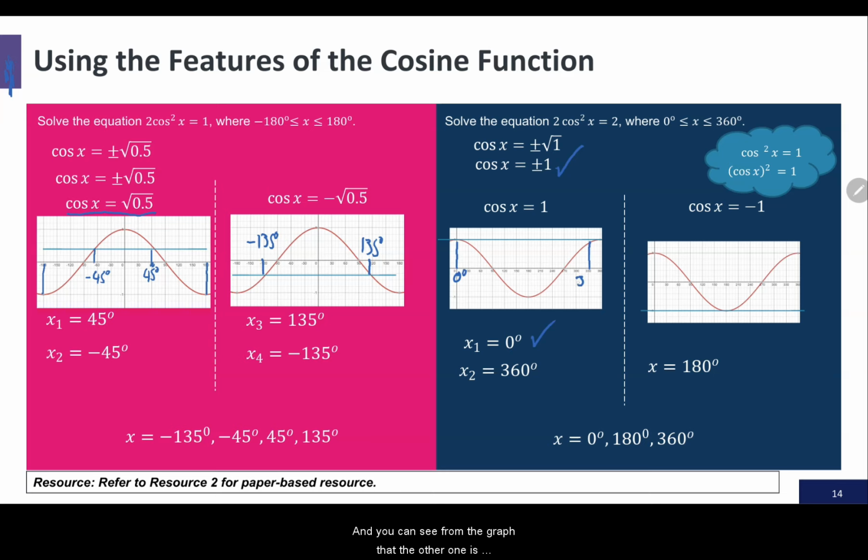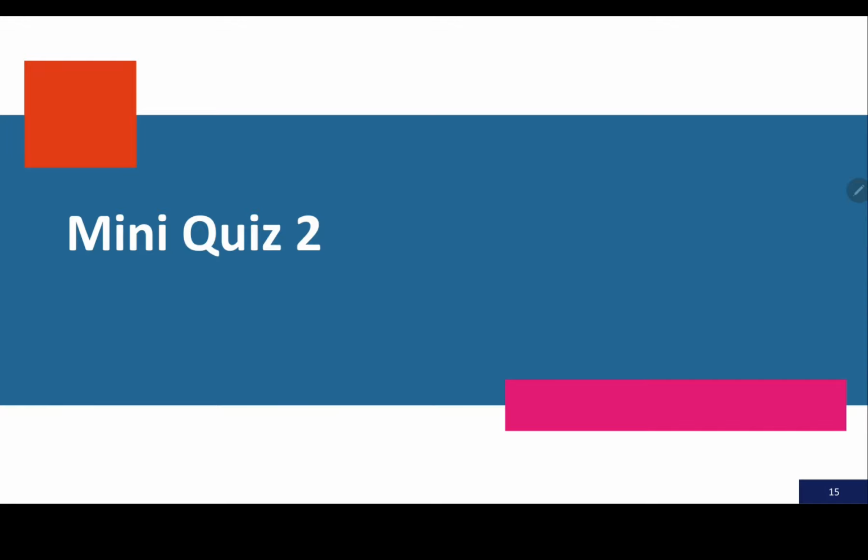And you can see from the graph that the other one is going to be 360. The other value, cos x is equal to minus 1, which is down here. Your calculator will pick that one up straight away. And there are the 3 answers in order. Pause the video and have a go at mini quiz 2 and press play when you're ready.